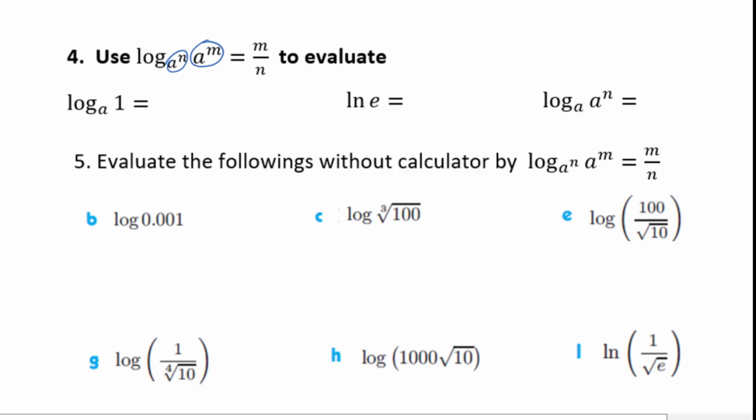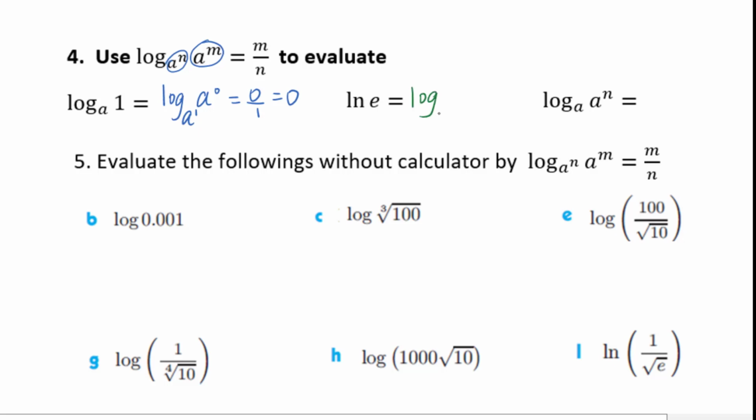exponents. For log base a of 1, we can write down log base a to the first power and a to the 0 power. So we have 0 over 1 equals 0. Natural log of e.